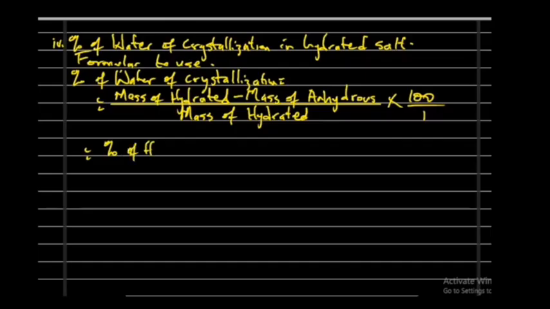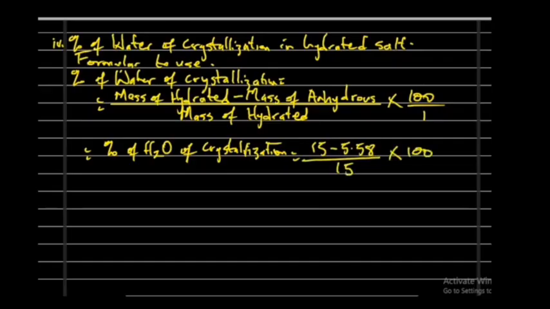So from this now, percentage of water of crystallization equals 15 minus 5.58 divided by 15 multiplied by 100/1. So here we'll be having 9.42 over 15 multiplied by 100/1.